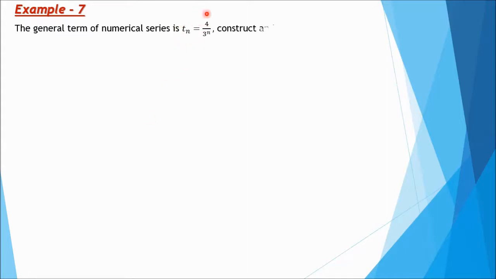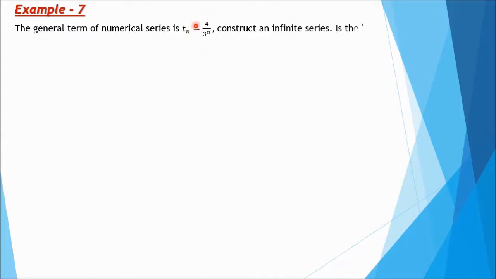Example 7. The general term of a numerical series, you are very much familiar with, is Tn equal to 4 by 3^n. It's the general term of a series.